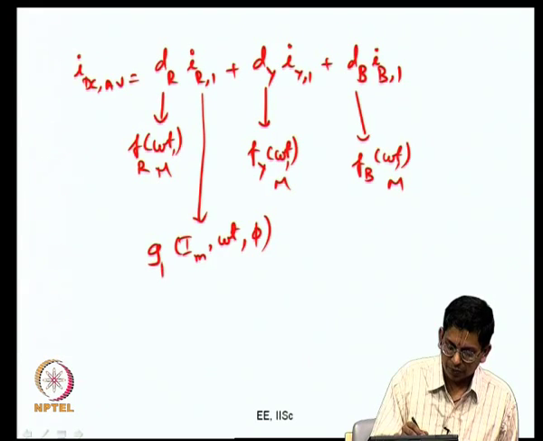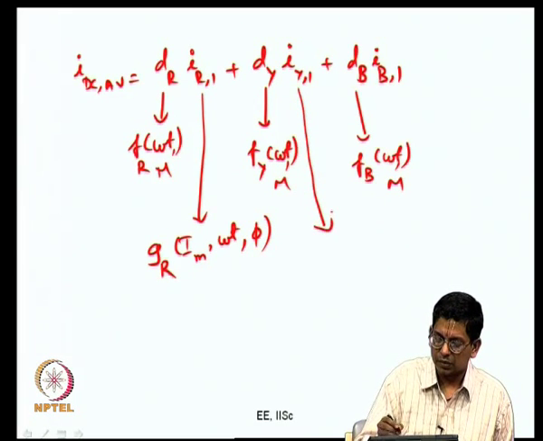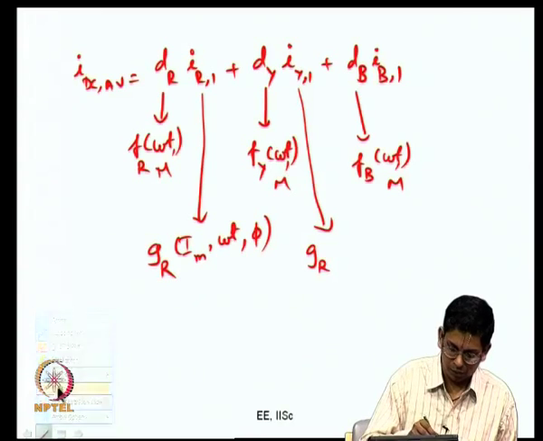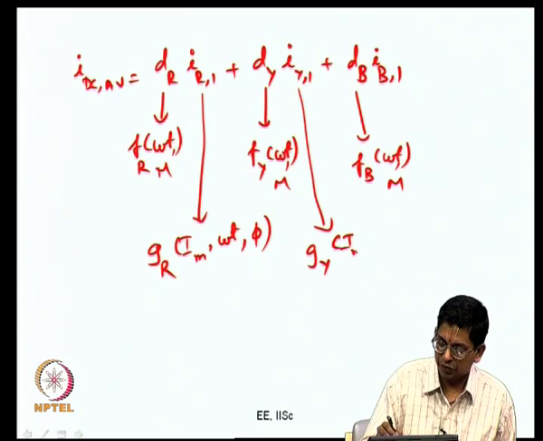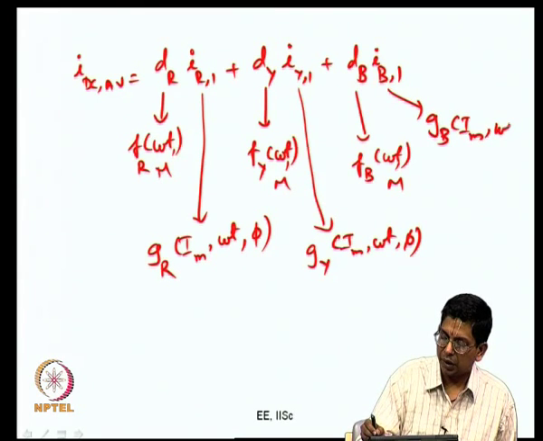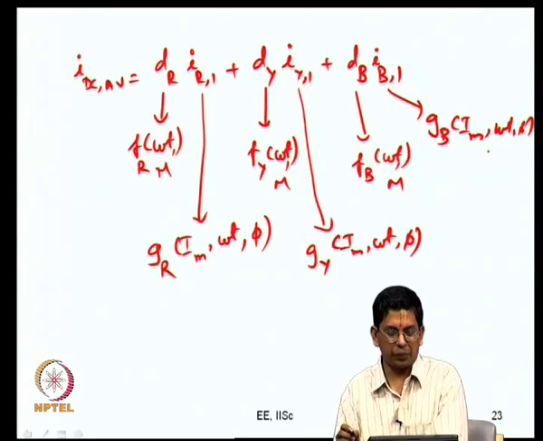Let us call this some gr, and this is some other function gy of these Im, omega t and phi, and this is some gb of Im, omega t and this power factor angle phi. So, this can be expressed now.